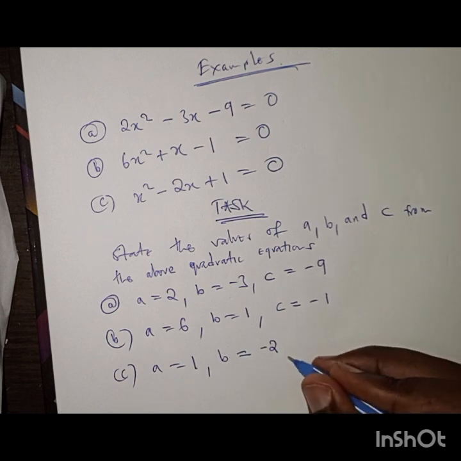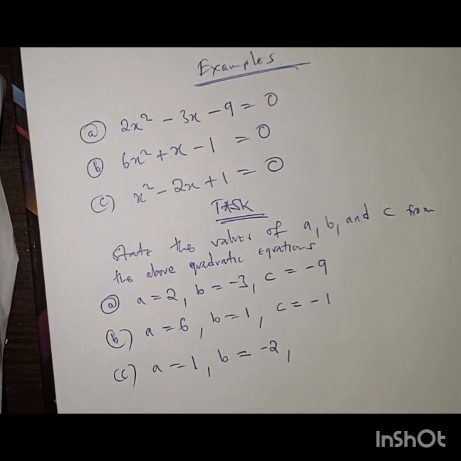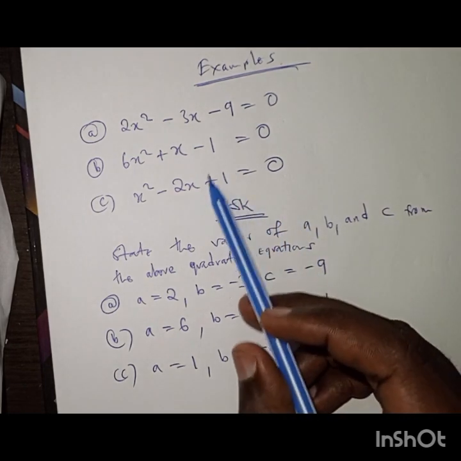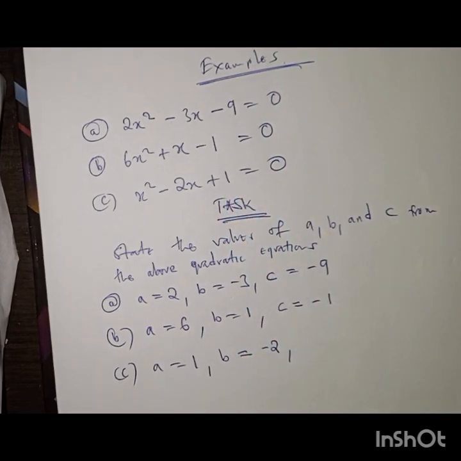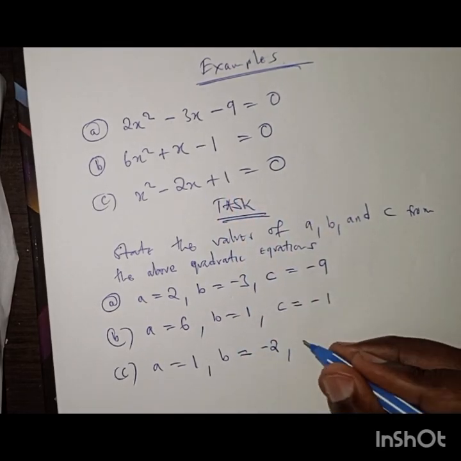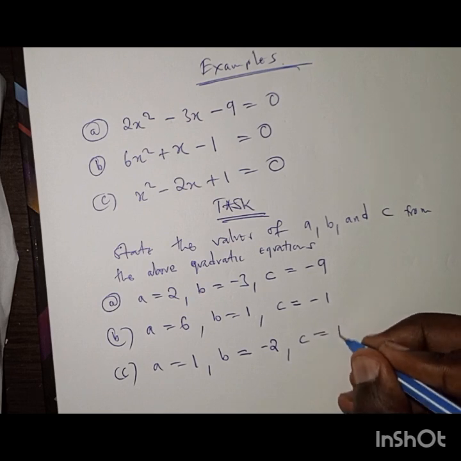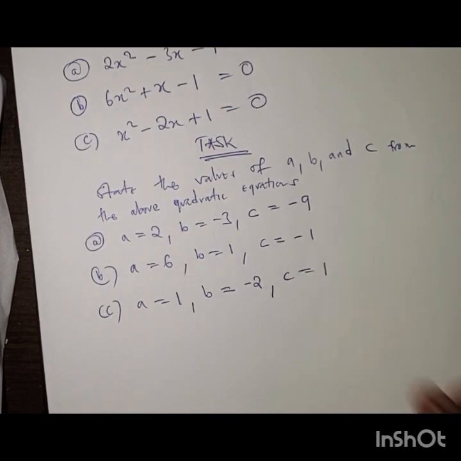Okay, and c, that is the term independent of x. Okay, so this one doesn't have an x, so c is 1, positive 1. C is equal to 1. So this is how you determine the values of a, b, and c from quadratic equations.